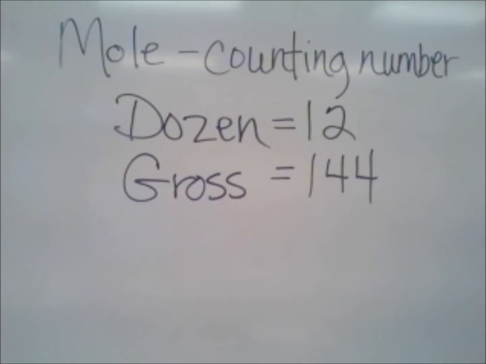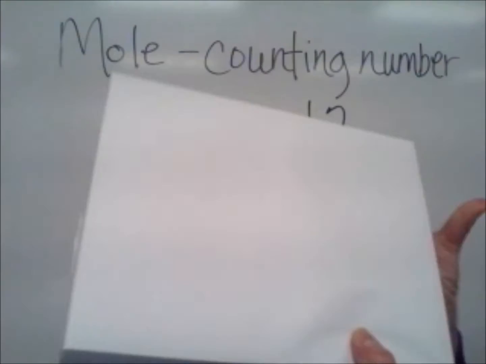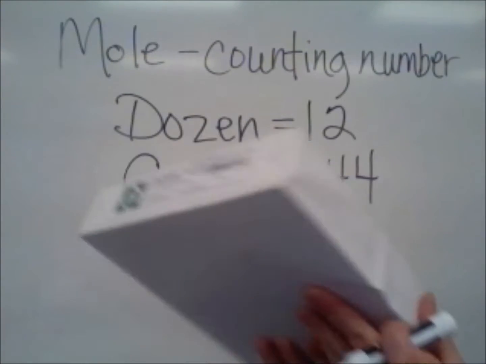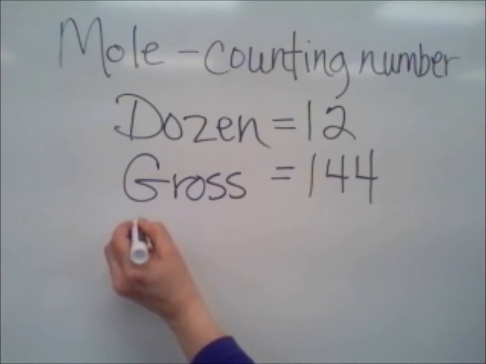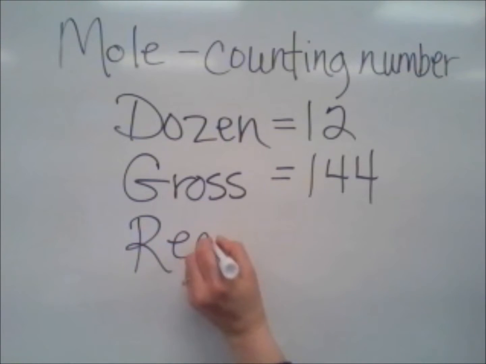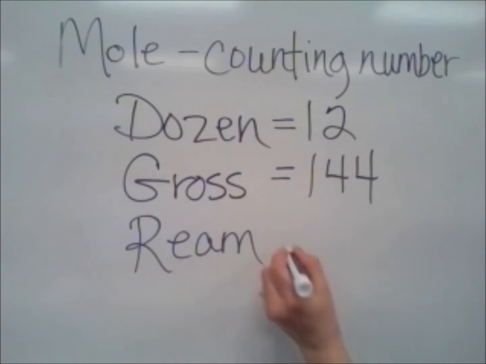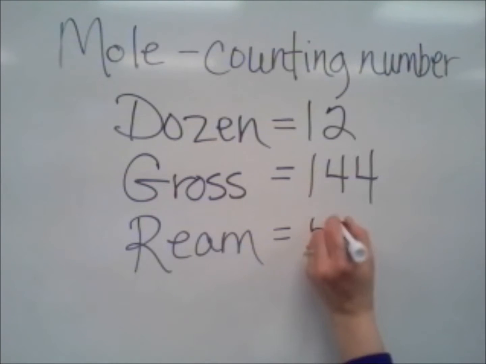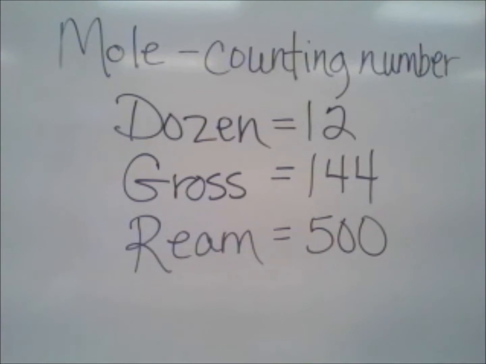If I send you down to Carrie's office and ask her for a ream of paper, in that ream of paper, I know that there are going to be 500 sheets of paper.